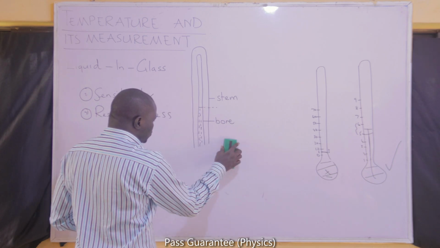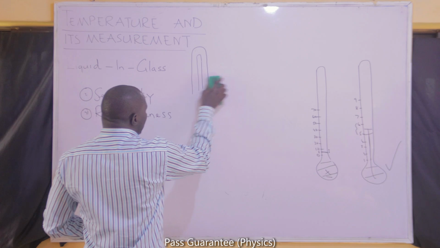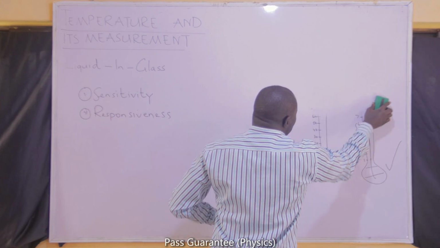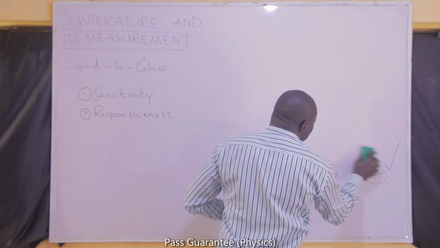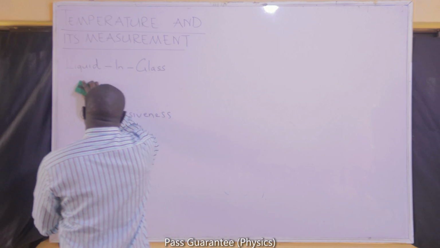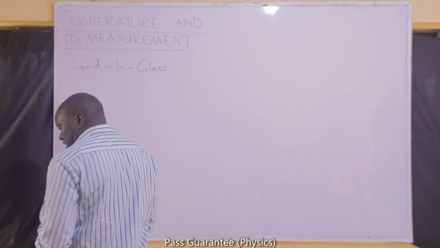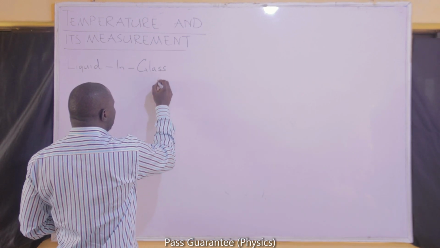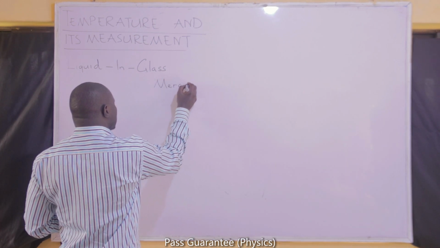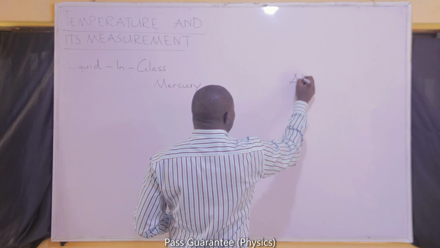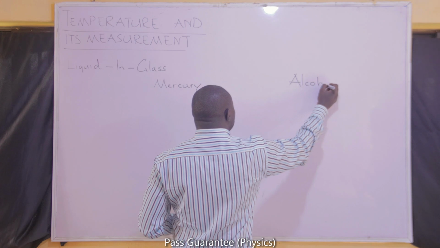Now, we'll move into the comparison of the two liquids that I said can be used in a liquid in glass thermometer. We said earlier that in a liquid in glass thermometer, the thermometric substance can either be mercury or alcohol.